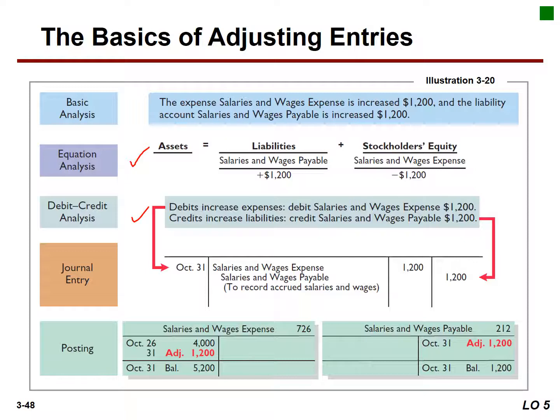There's our debit credit analysis. Here is the adjusting entry we would record in our journal, and then posting that entry to our general ledger. It's going to show that liability as of October 31st and record this 3 days worth of salary and wages expense into the proper time period, the month of October.